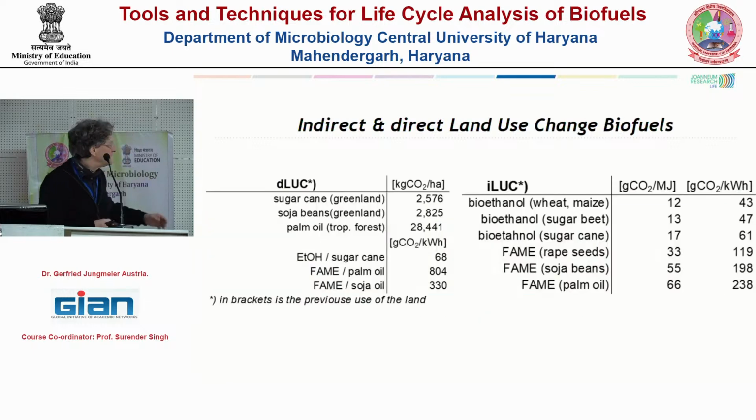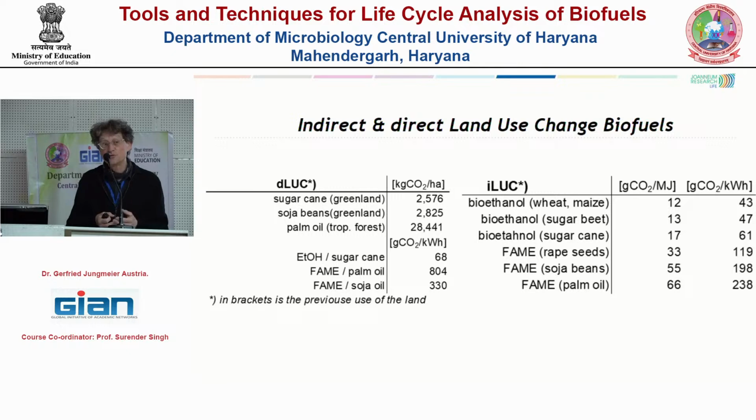Just to give you some orders of magnitude of how much carbon or CO2 is stored, or how much carbon you lose: for example, if you convert grassland to sugarcane, you roughly lose per hectare 2.5 tons of CO2. From grassland to soybeans, it's roughly 3 tons of CO2 per hectare.